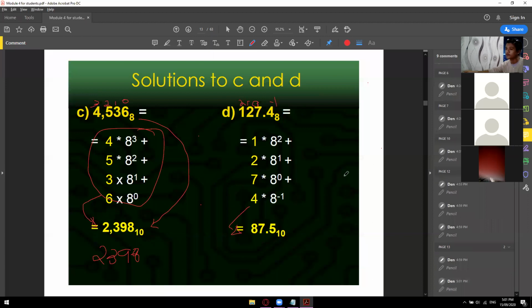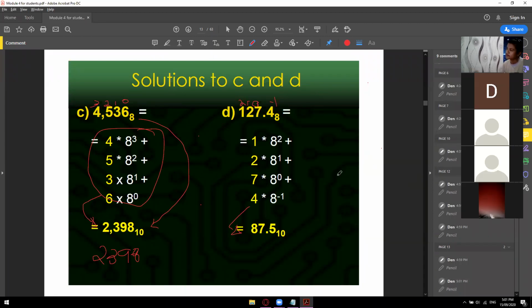Okay, so I hope tinatry nyo rin or tinetest nyo rin. Yes, sir. Okay, so are they the same? Do we have the same answer, 87.5 and then 2,398? Yes, sir. Okay, it's good. Alright, so may mga question naman so far or wala?